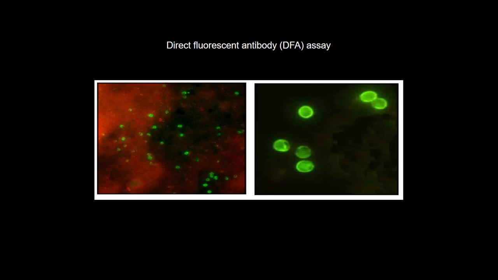So fluorescinated antibodies against the Cryptosporidium, for example, can be used, and the antibodies are going to bind to the cell wall of the cyst, so you can see it fluorescing. That means it gives you a light, and we can use that fluorescent antibody in making a diagnosis of many of these protozoa in fecal specimens.